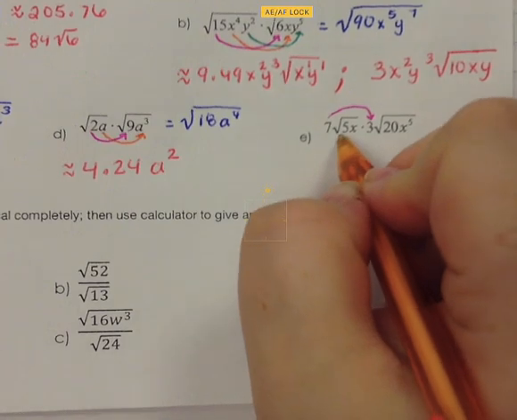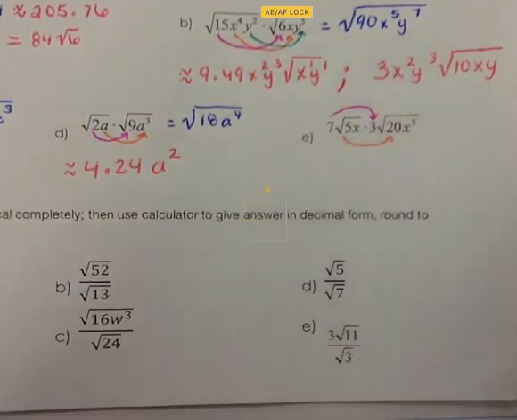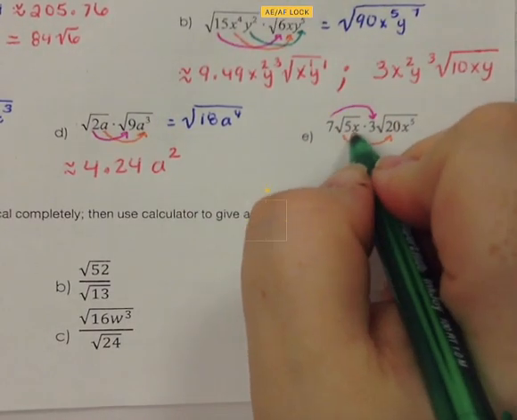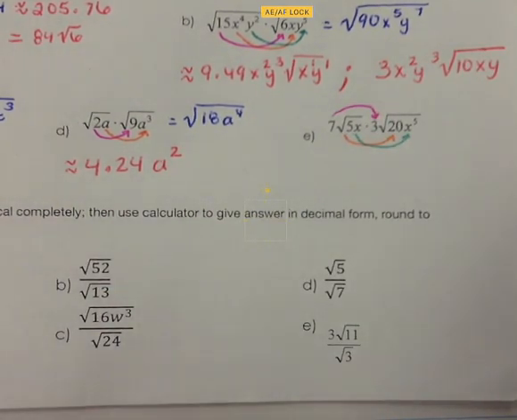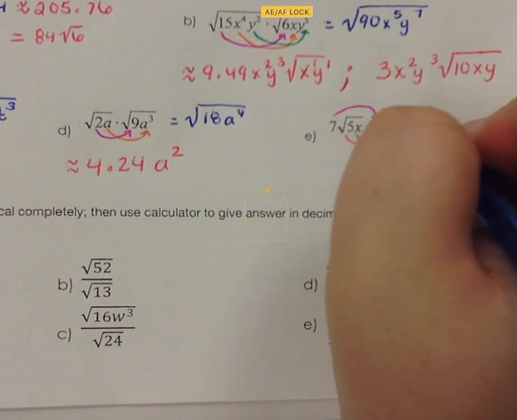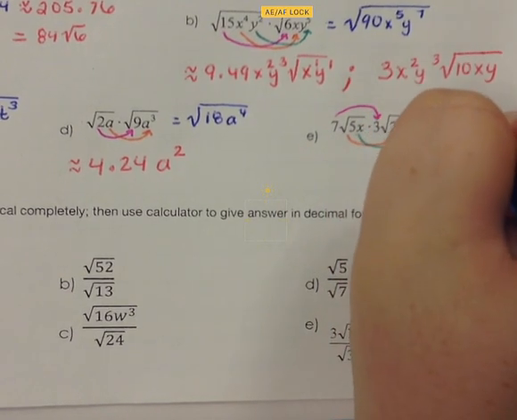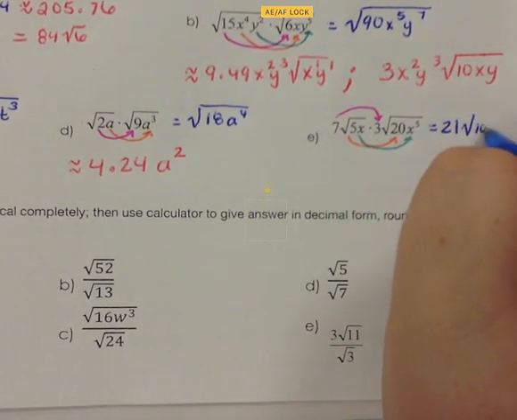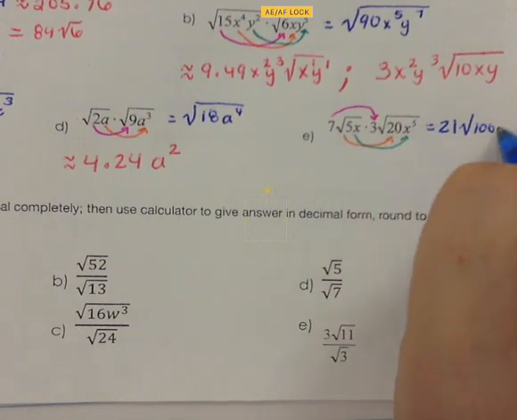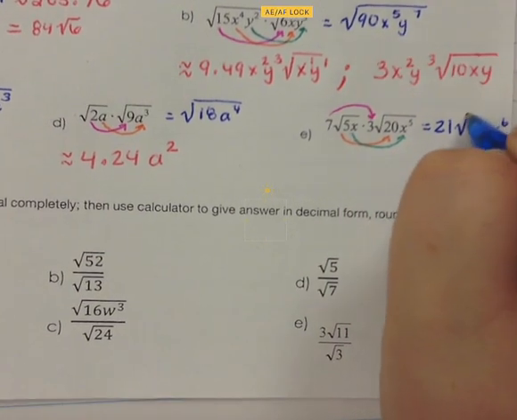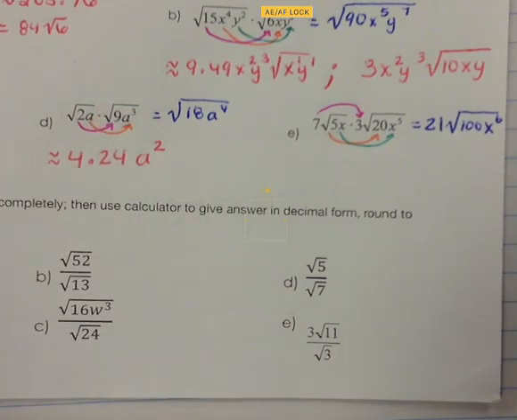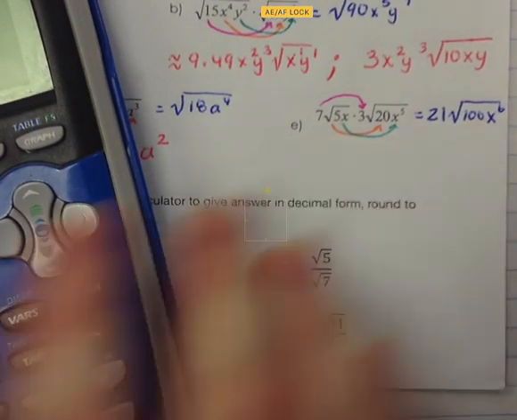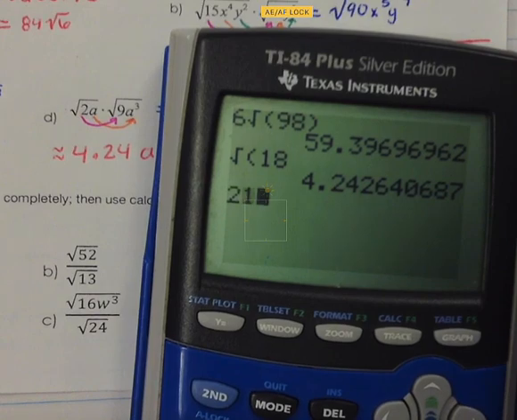Then our radicand. So the 5 multiplies to the 20. And then the x multiplies to the x to the 5th. So that becomes 7 times 3 is 21. Square root of 5 times 20 is 100. X times x to the 5th is x to the 6th. So now we just do 21 times the square root of 100 because those are the numbers. 21 square root 100.